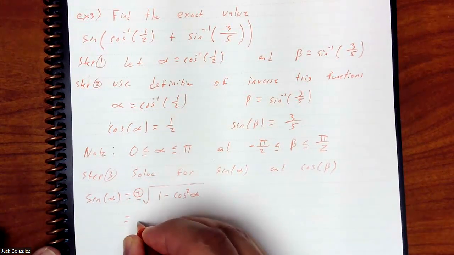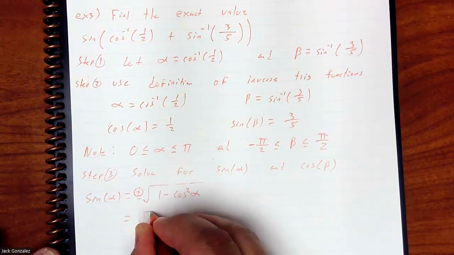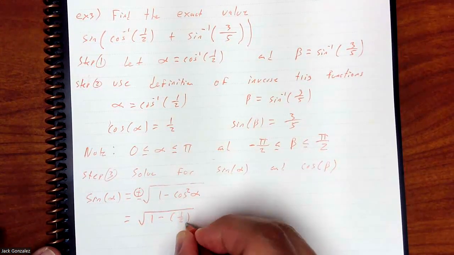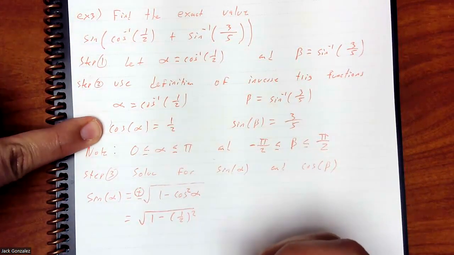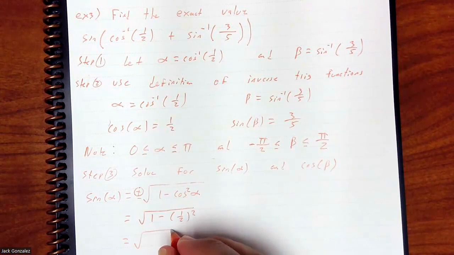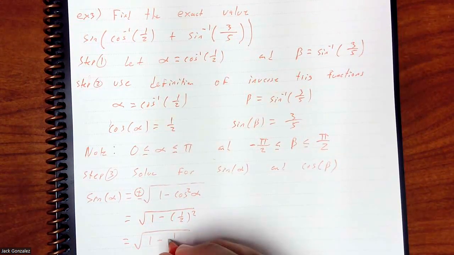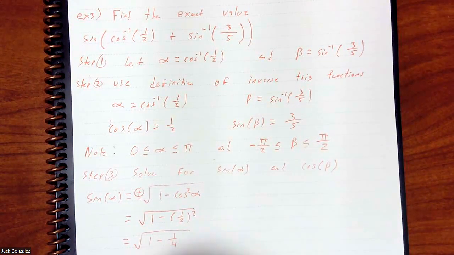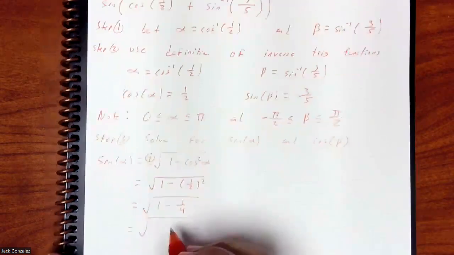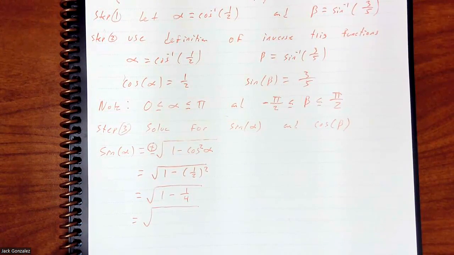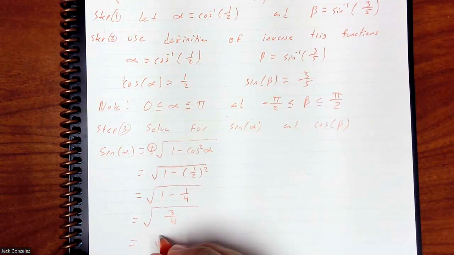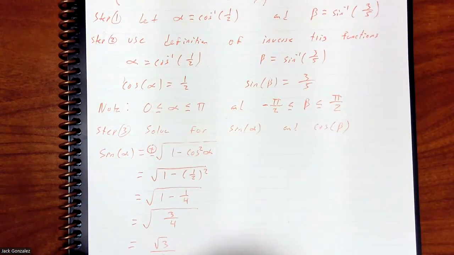To plug in your cosine, you get 1 minus 1/2 squared, because that's what cosine alpha is equal to. So you will get the square root of 1 minus 1/4, which is, what is that? 3/4, right? So that gives you square root 3 over 2.